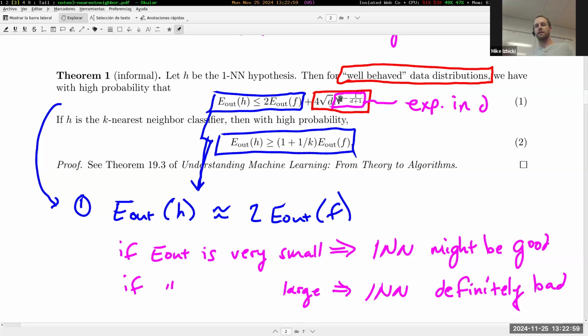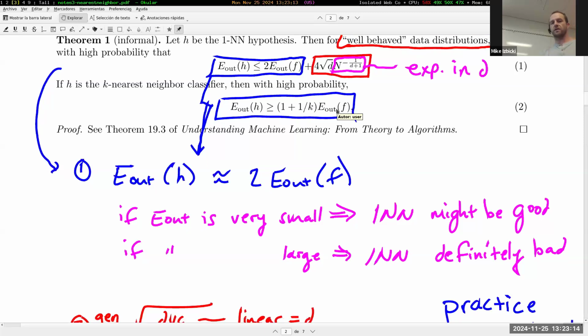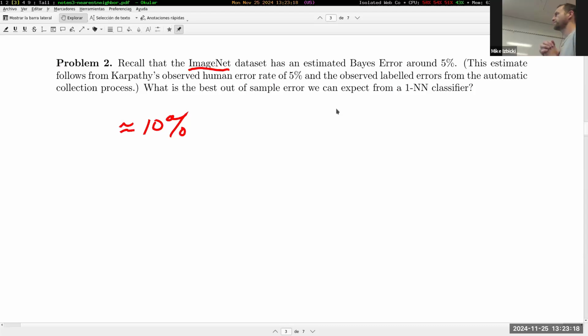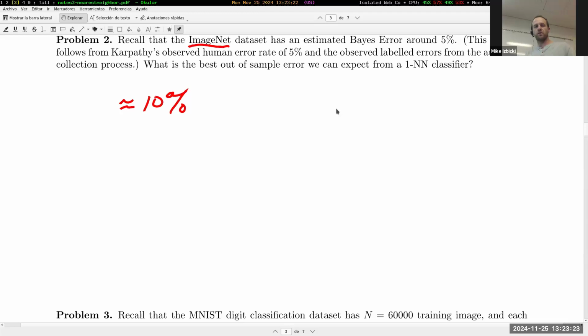But with statistical curses of dimensionality, if you have a bad generalization bound right here, there's no way to resolve that except for more data, and more data is usually more expensive than more computation. So again, nearest neighbor has a different style of generalization bound compared to the standard VC dimension generalization bounds we've talked about for most of this course.